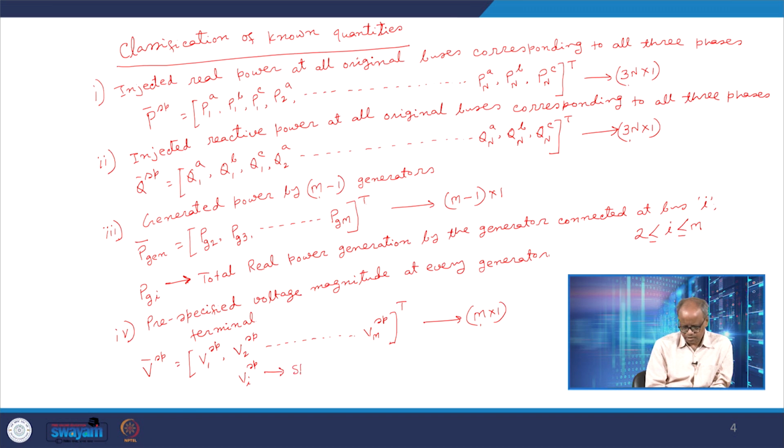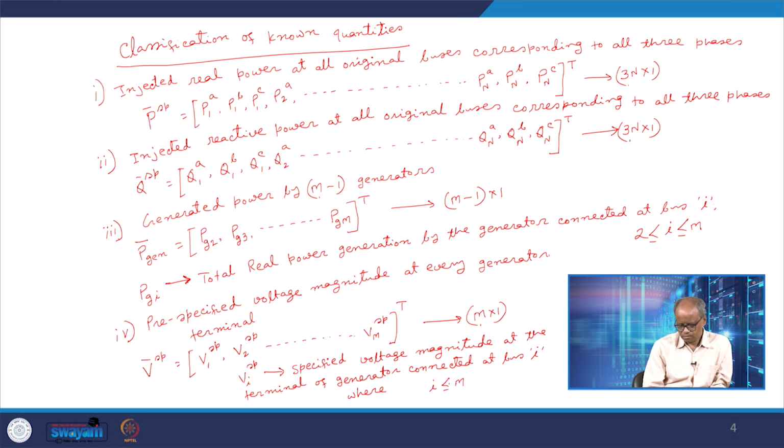It is the specified voltage magnitude at the terminal of the generator connected at bus I, where I is 1 to m.